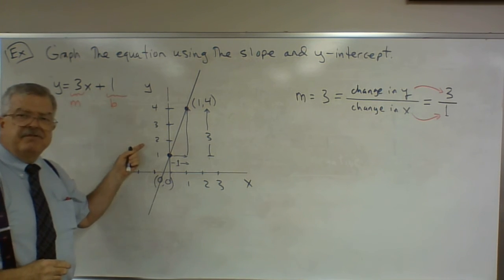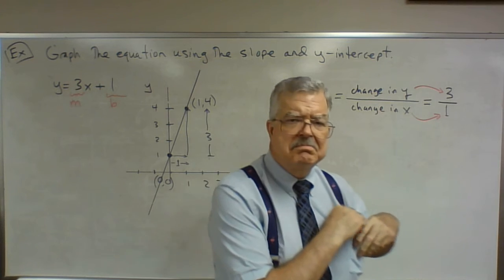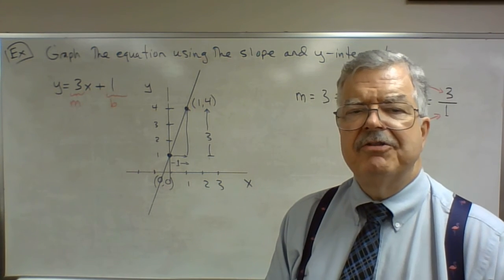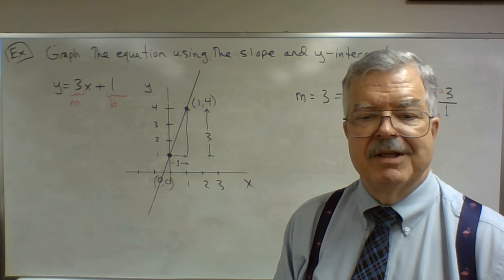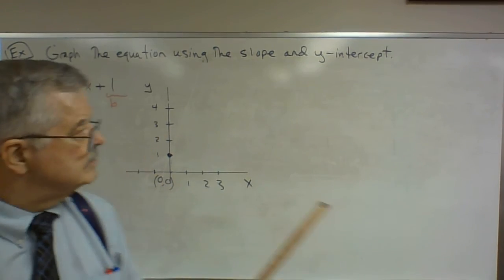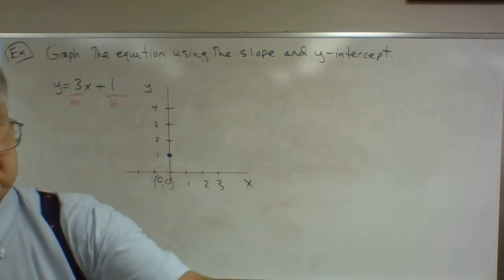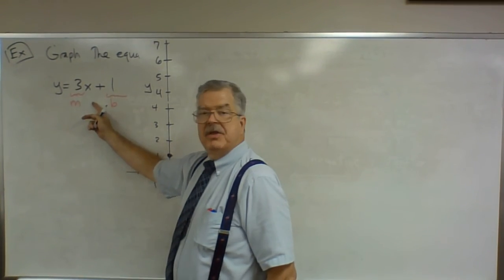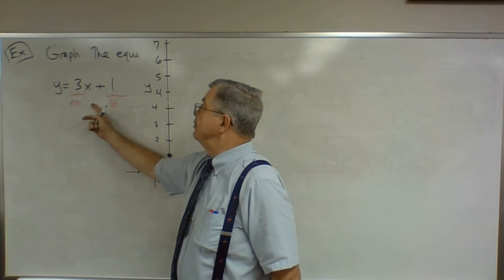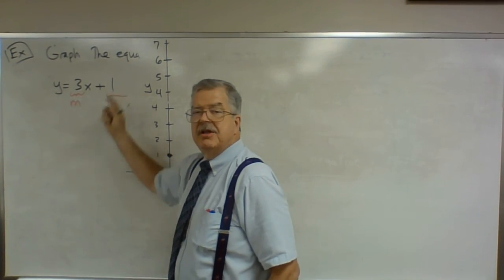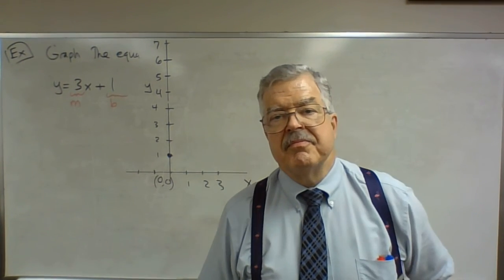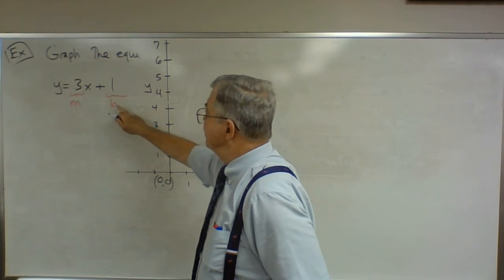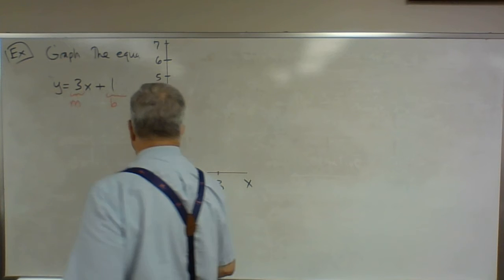Now let's revisit this and do it in a similar way, but let's just see what we could have done differently. Same exercise. We're going to graph the equation y equals 3x plus 1. And the first thing we do is plot the y-intercept.